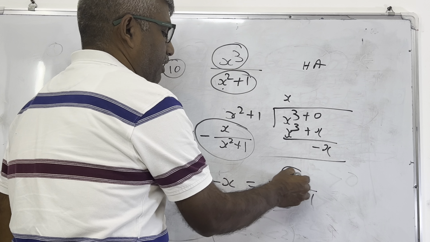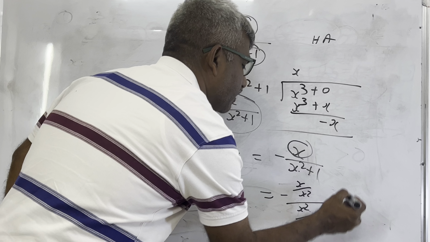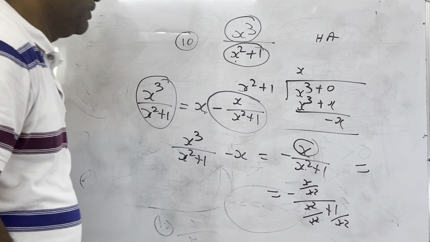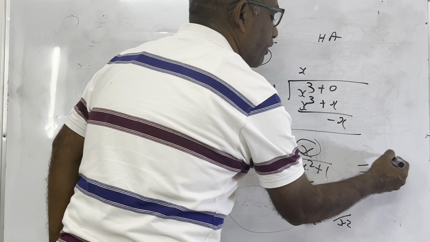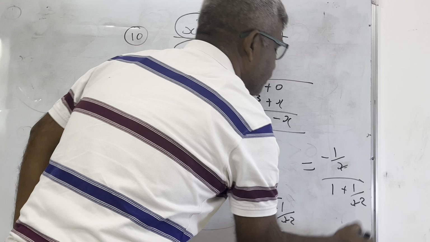As per the limit rule, you divide by x squared, the highest power. So minus x over x squared, over x squared plus 1 over x squared. What will happen? Minus 1 over x, over 1 plus 1 over x squared.